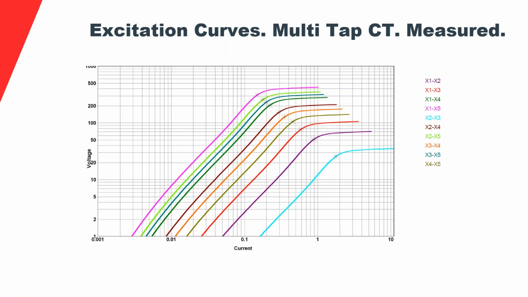Now, the error on the CT is the excitation current of that CT, which means that the higher the current on the primary, which in turn is going to become the current on the secondary, the higher the excitation current, and they have a fairly linear relationship up until the point of saturation, where everything becomes very difficult to predict, which means that when we need it the most, then we have the most error.